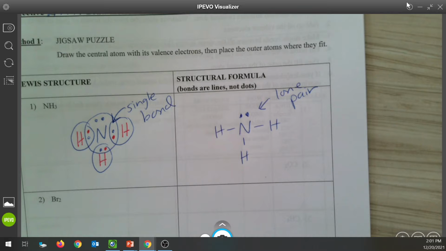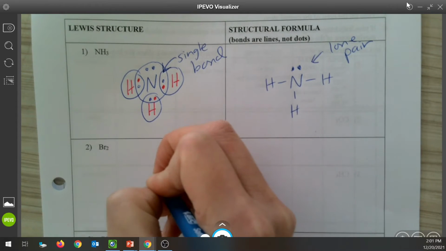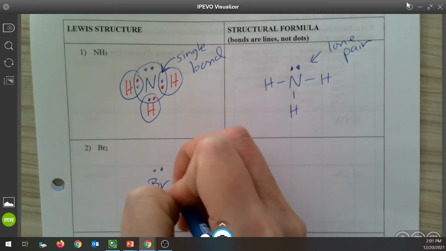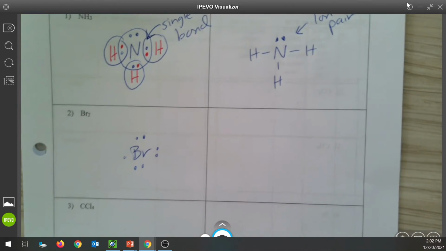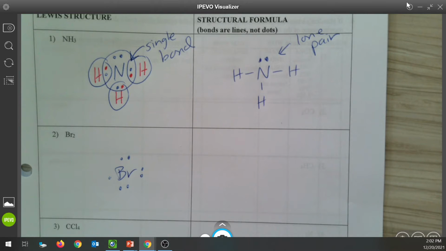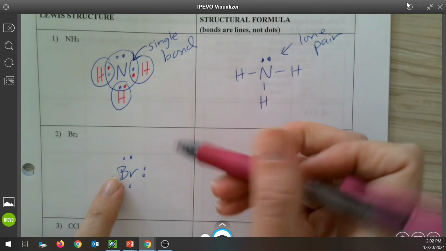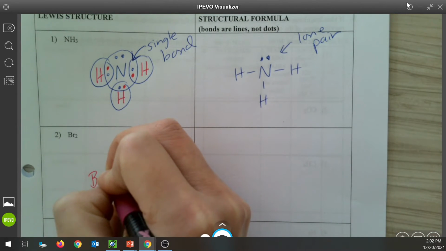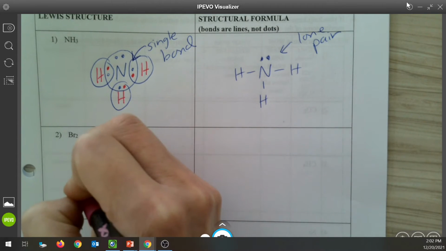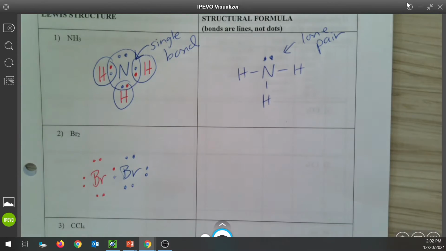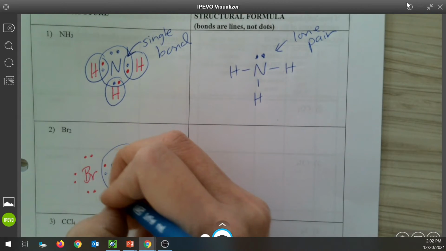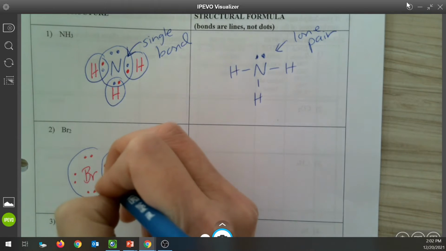All right, Br2. Draw yourself a Br with 7 valence electrons, like that. And then you can see where the other Br is going to latch on. The side that has 1 missing is where the other Br is going to come in, and it has 7. 1 to share, and then the other ones on the other 3 sides. Like that.